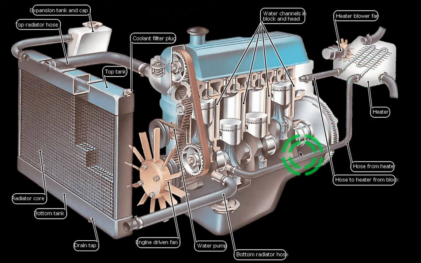Your hot water, after it has sucked in all the heat from all the cylinders, is going to go into this. And if you switch on your heat, there's an electric valve here which will allow the water to flow through the coil, and the heater blower fan is going to blow the hot air in, and then that water is going to flow back and supply to the head.